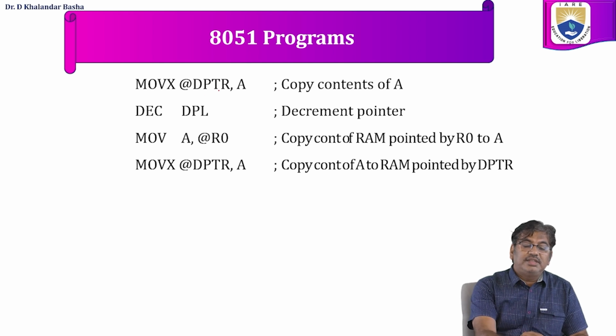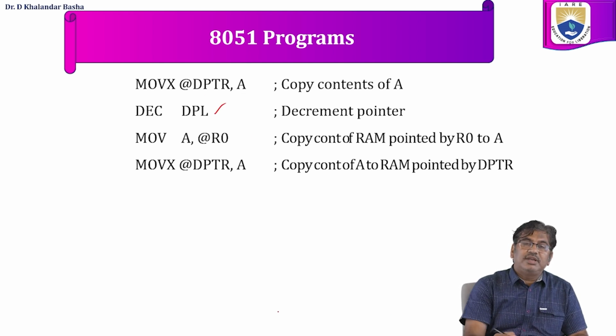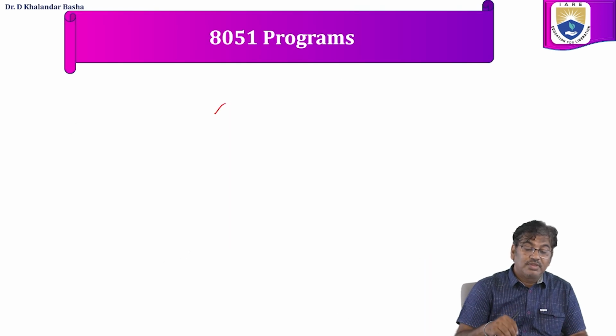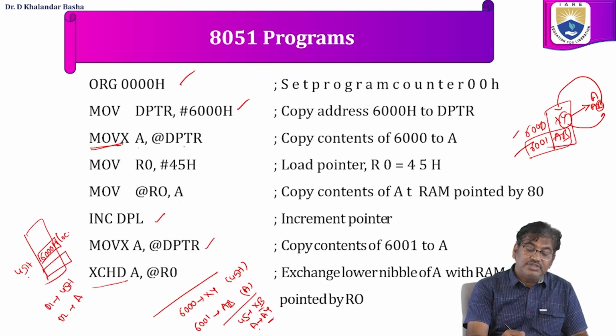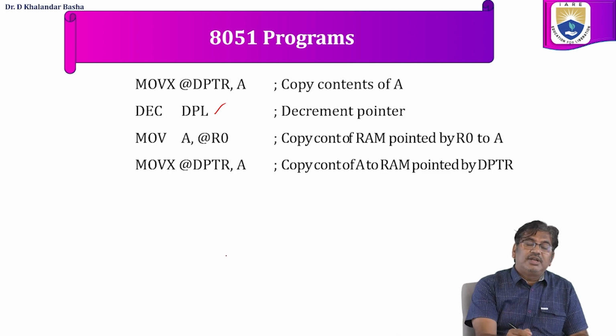So MOVX @DPTR, A. Then decrement DPTR, because DPTR is pointing to the 6001 location. So the contents in the accumulator are loaded into the 6001 location. Later we will go to the 6000 location, so decrement DPTR. Into that memory location, we want to load the R0 contents, which is at 45H.